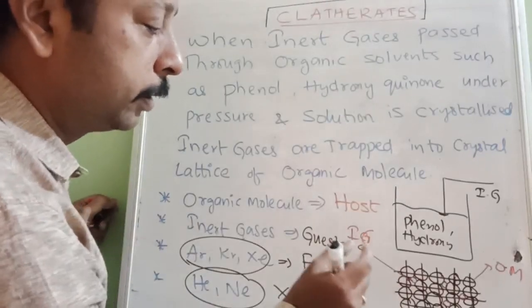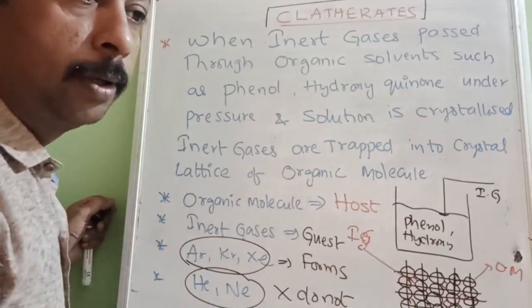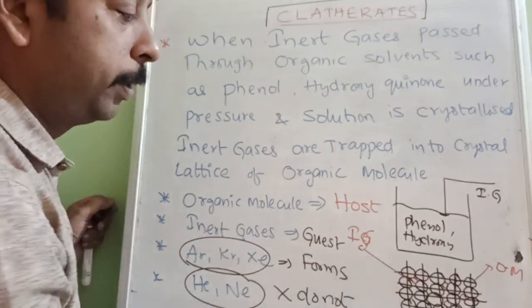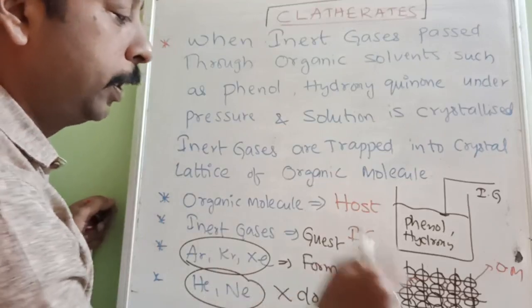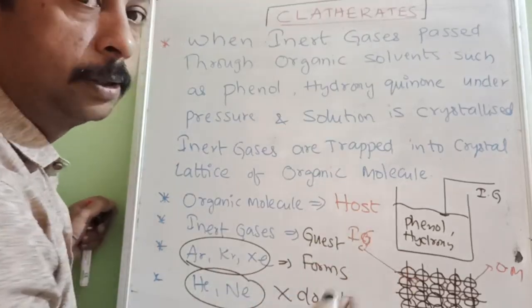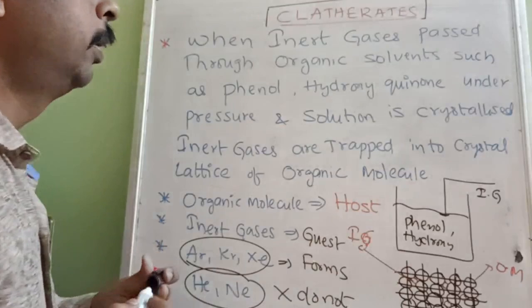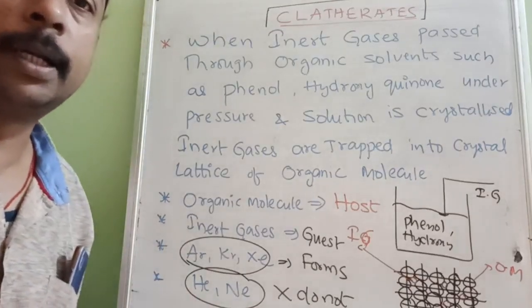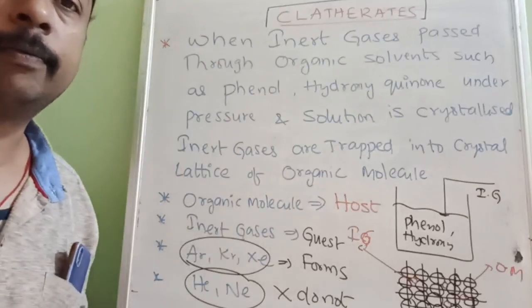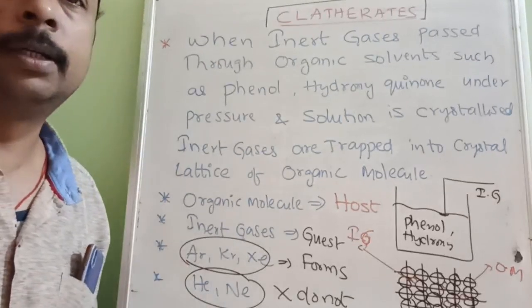For trapping, their size should match those molecular spaces, and the intermolecular space should be sufficiently large. If they are trapped here, they can go away because they are very small in size. So this is about the clathrate compounds. Is it understood, all of you? Well, next we will go to the next topic.